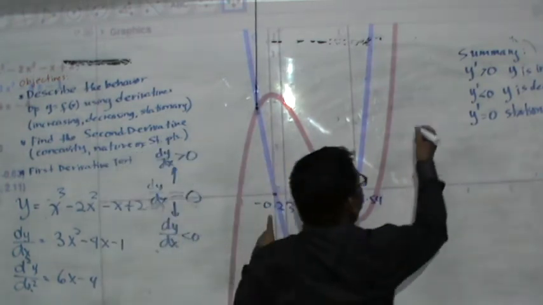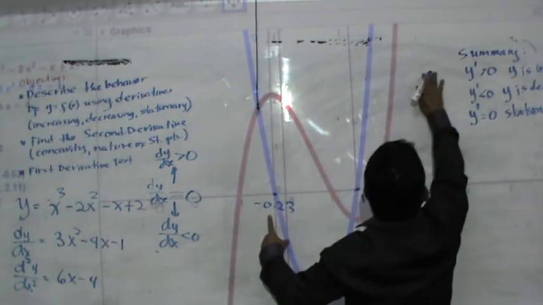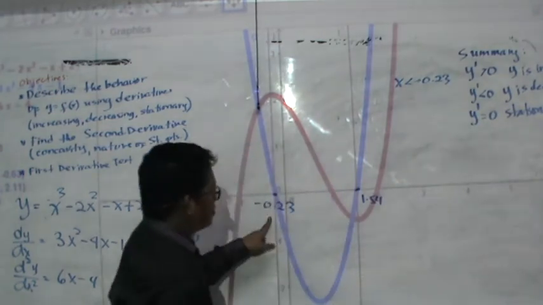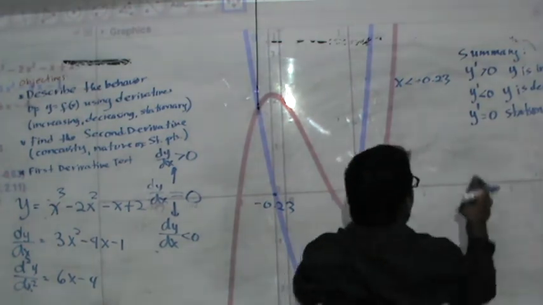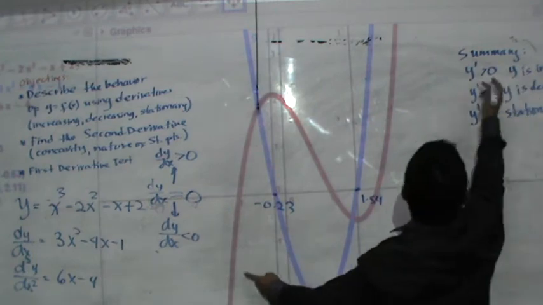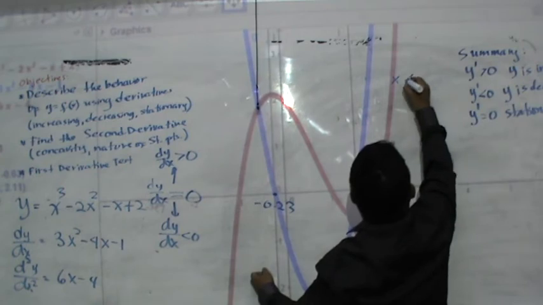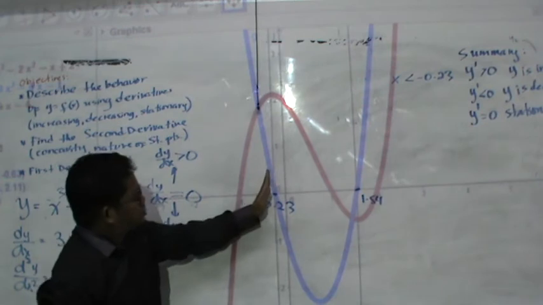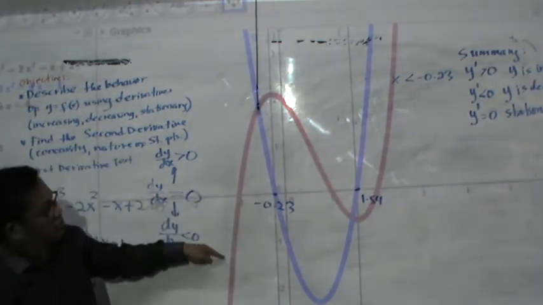So we can say that x is less than negative 0.23. Well, it's the other way around. So this one should be increasing, so this part here. So that is now x is less than negative 0.23. So meaning, towards this value here, this curve is always increasing.